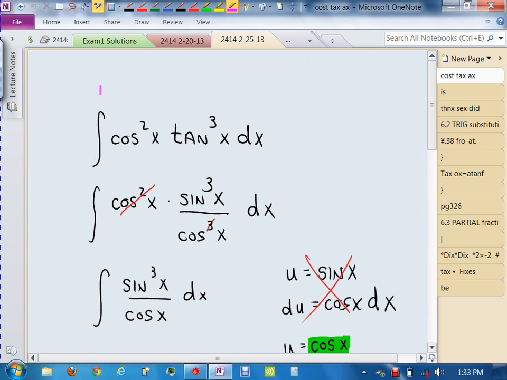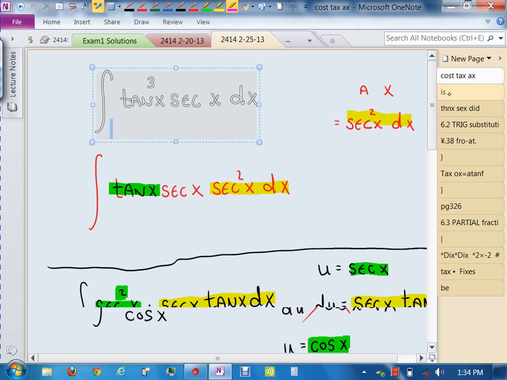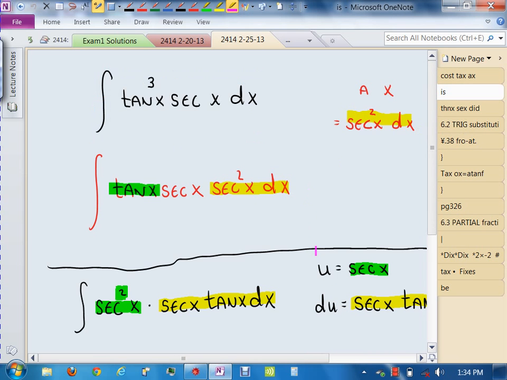What happens is when I start a new page, Microsoft OneNote automatically tries to name the page. See, this is the name of the page. It's trying to interpret this handwriting into words. So it thinks it's "cost tax ax," okay? And then on the next page, it's interpreting that first thing there as an "is." I don't know why.